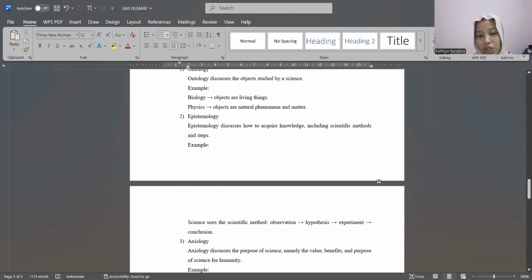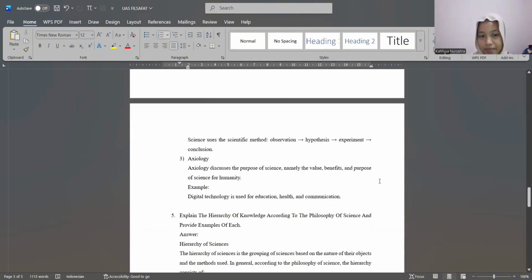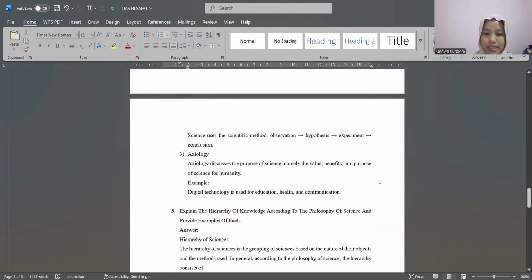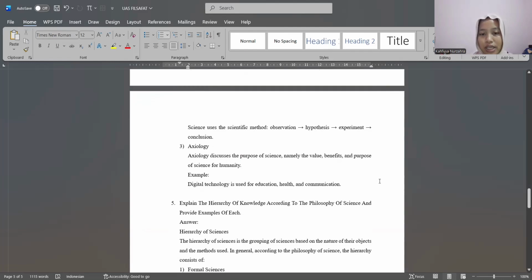Example, science uses the scientific method: observation, hypothesis, experiment, and conclusion. 3. Axiology. Axiology discusses the purpose of science, namely the value, benefit, and purpose of science for humanity. Example, digital technology is used for education, health, and communication.